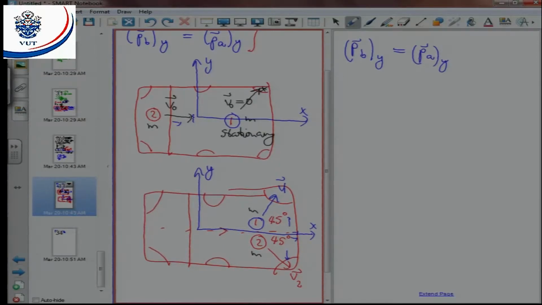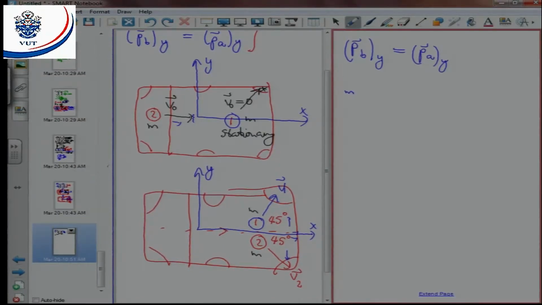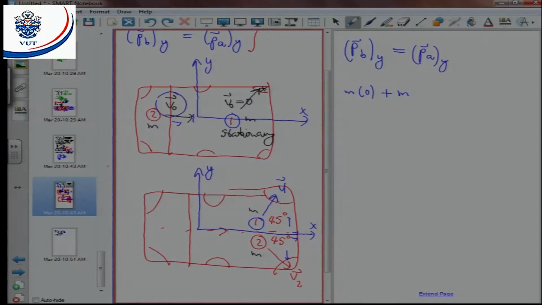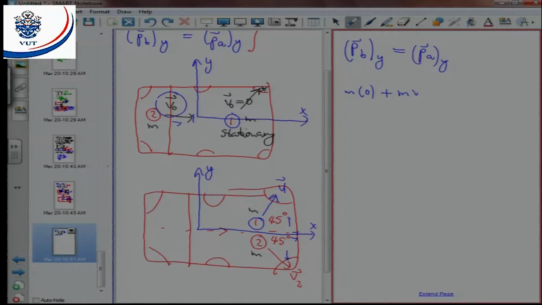Momentum before is the mass of ball 1, which is m, that's the black ball, and the speed is 0, so it's just 0, and then plus for the white ball it's m times v naught, equals m, and now the final speed is v1.